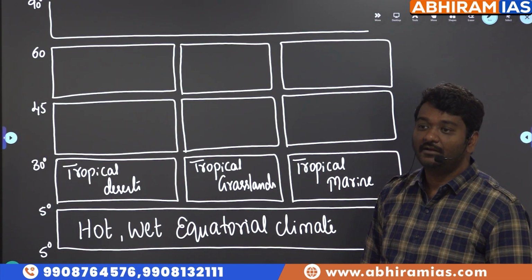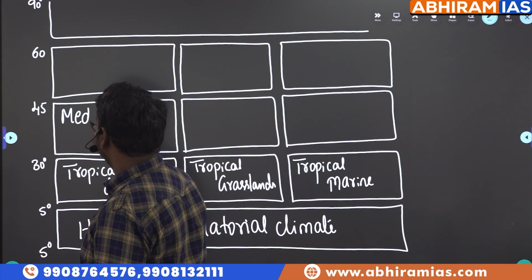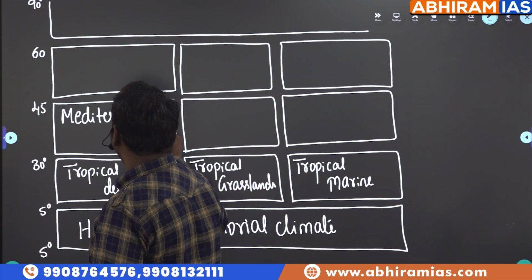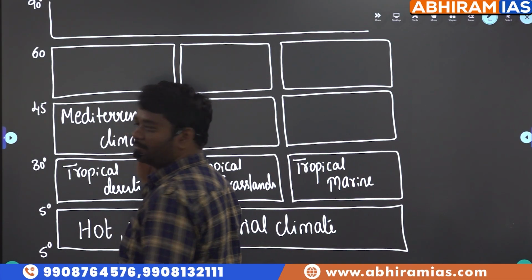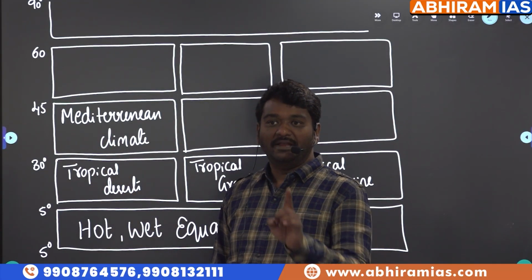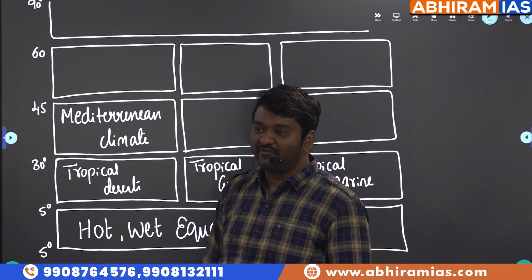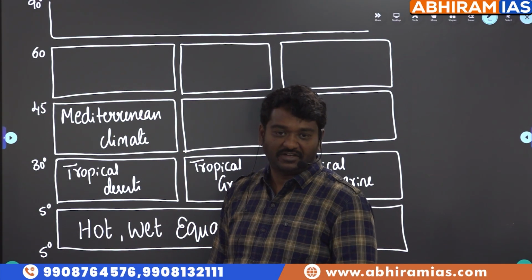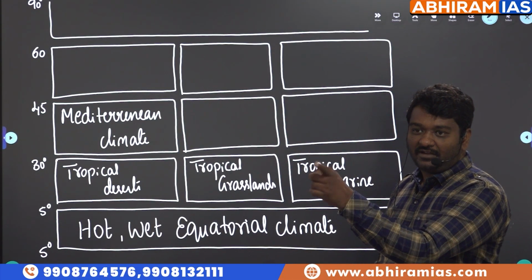Which sea? Mediterranean climate is on the western side. It gives rainfall during which season? Winter season. Punjab, Haryana on the western side.